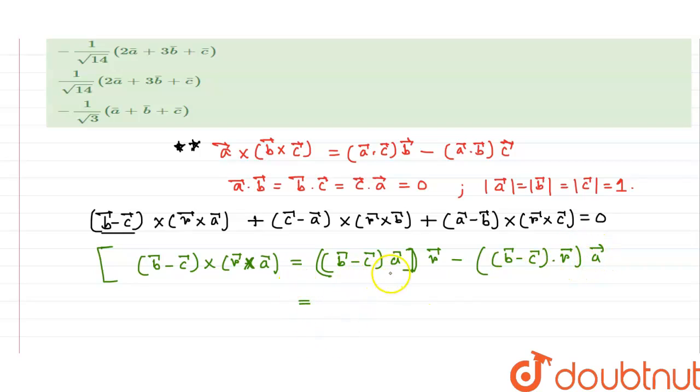One thing you know is that B dot A is 0 and C dot A is 0, so this whole part goes to 0 according to this condition.